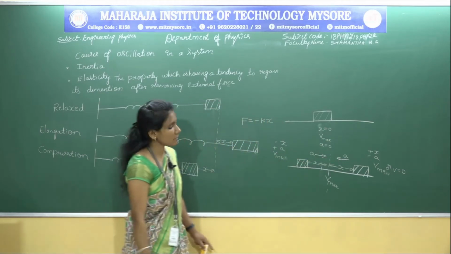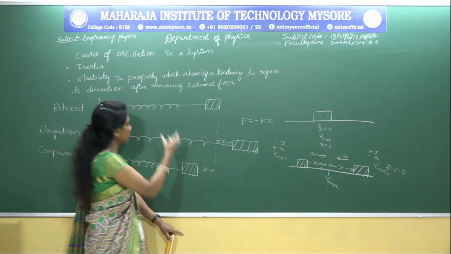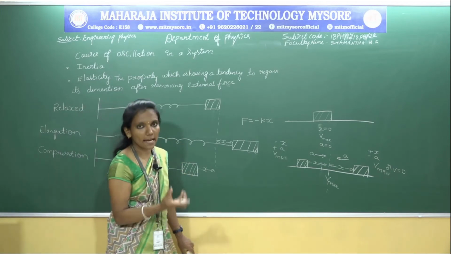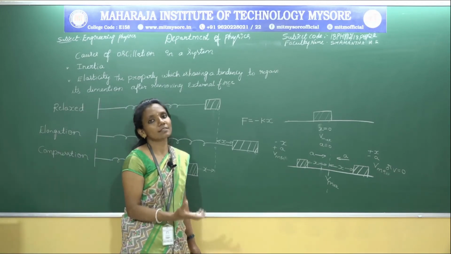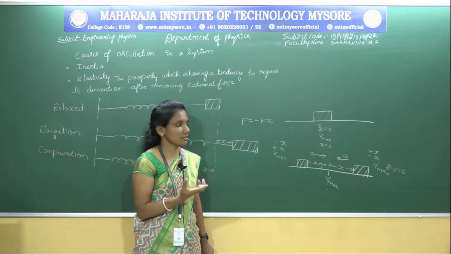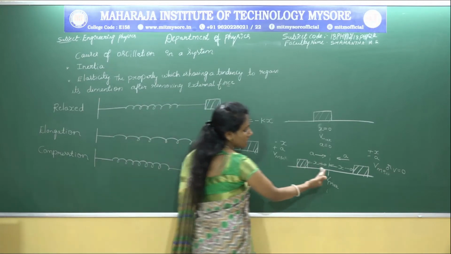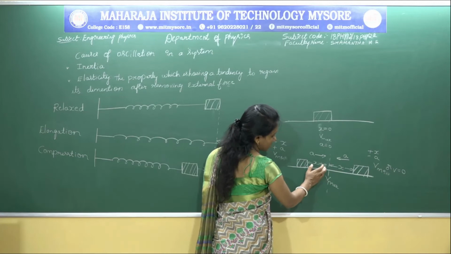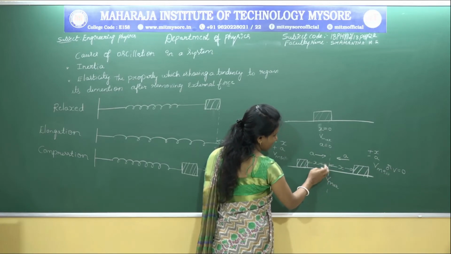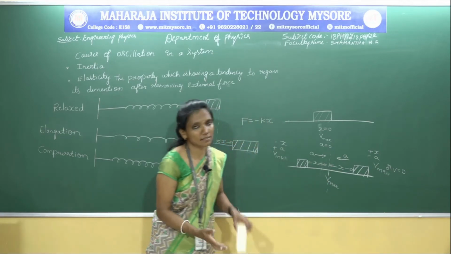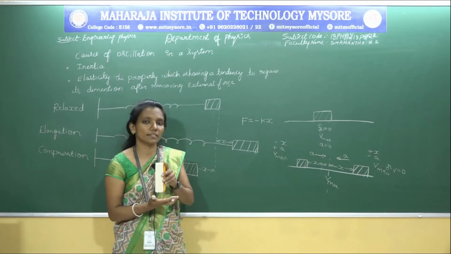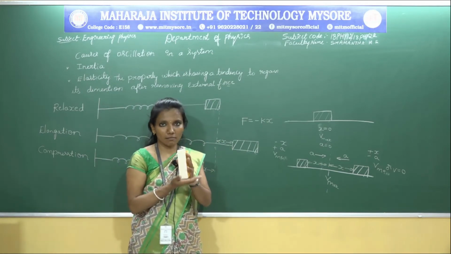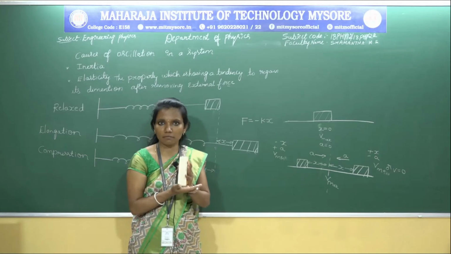So totally it depends upon the main properties of elasticity and inertia, based on which the oscillation takes place about the mean position. When a particle is initially at rest, the velocity will be maximum and the displacement will be 0.